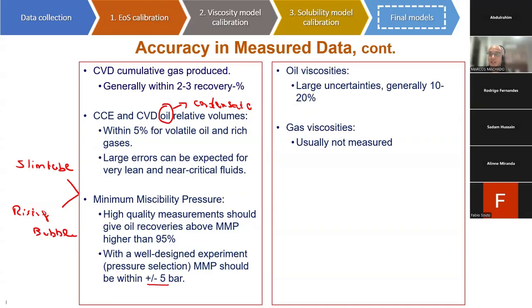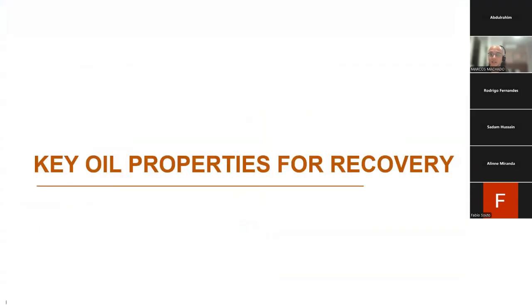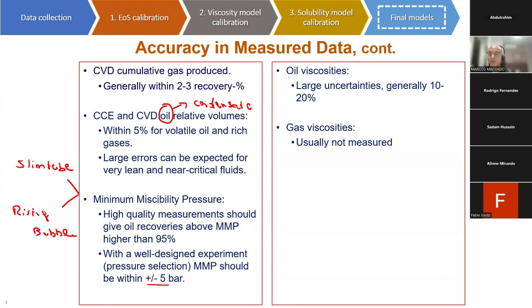Okay. Gas viscosity for lean gas, usually you don't measure in the lab. You use correlations because the correlations are accurate. So you measure only for condensate gas or mixtures, such as a mixture between hydrogen and other gas in order to mimic the cushion gas role in porous media.